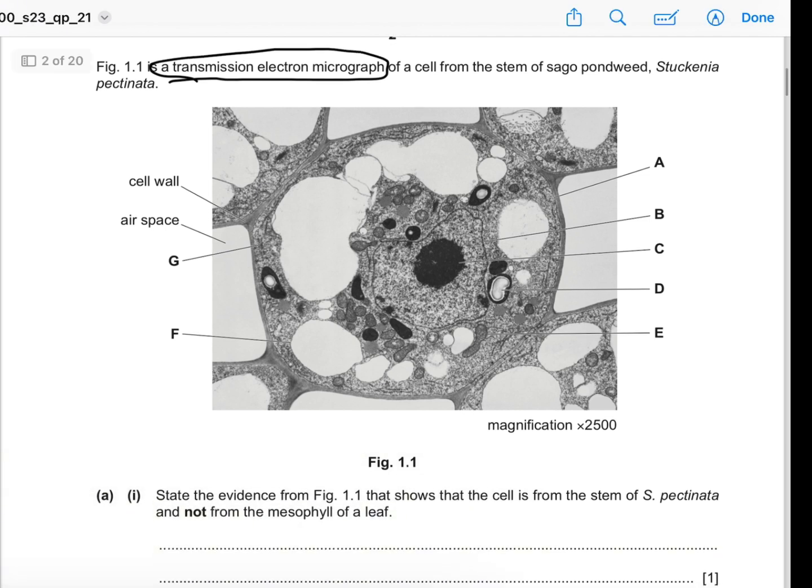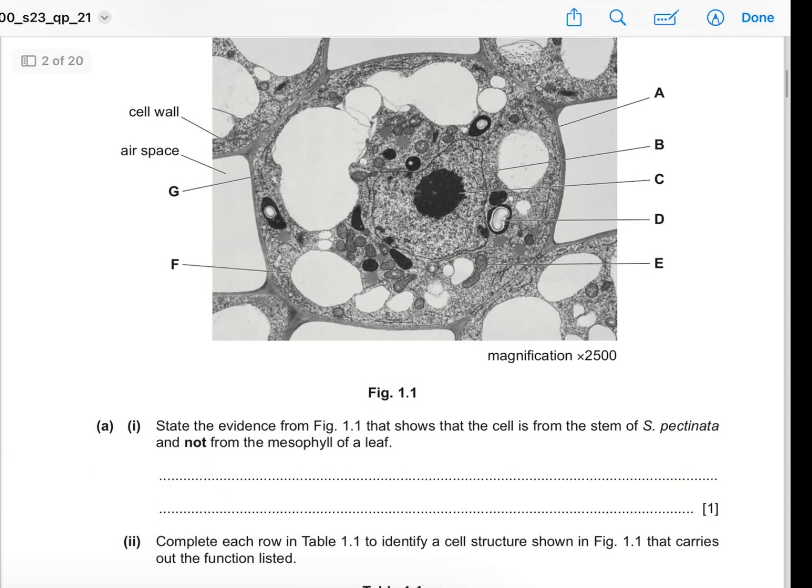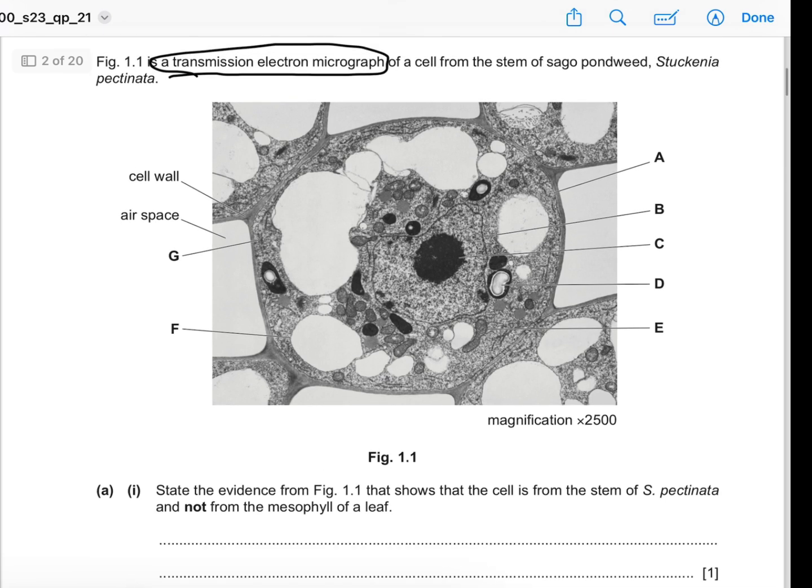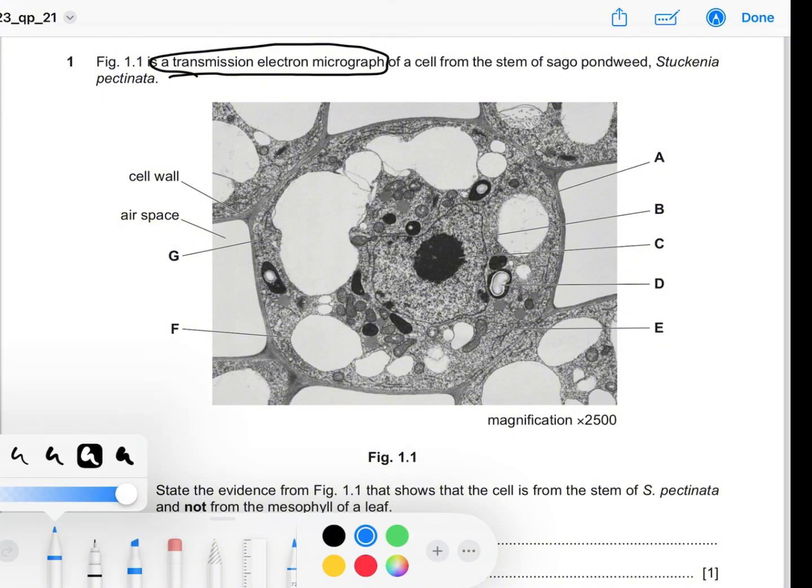Part 1 asks you to state the evidence from figure 1.1 that shows that the cell is from the stem of this plant and not from the mesophyll of a leaf. The difference between cells from any other part of the plant and mesophyll cells is that mesophyll cells will always have chloroplasts. Inside plant cells, the only two types of cells that do have chloroplasts are the mesophyll cells as well as guard cells that you find around stomata.